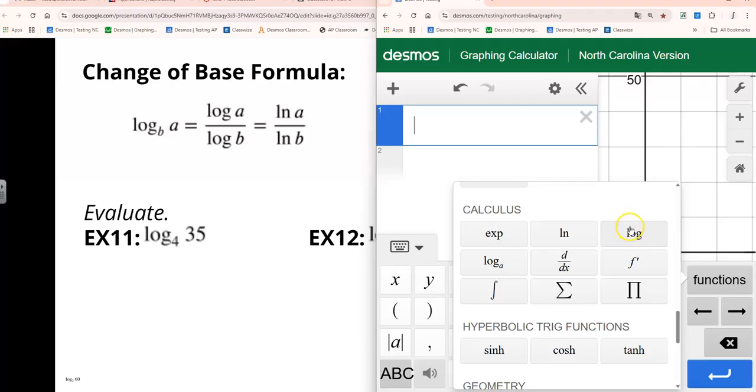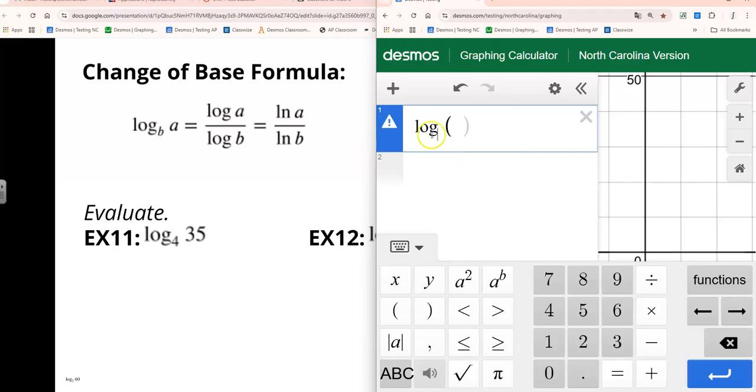Logs are not necessarily calculus, so I don't know why they had to put it there. But you see regular log, but then you see log with a little a behind it. So if you click that one, it'll do a log, and then it'll put you down here where you can type in a number, so you can put your 4 right there, and then you could go over here and type in 35. And then that will be your value.